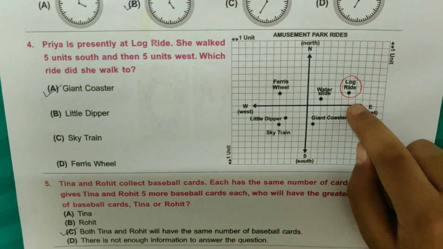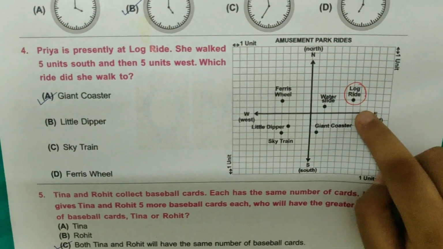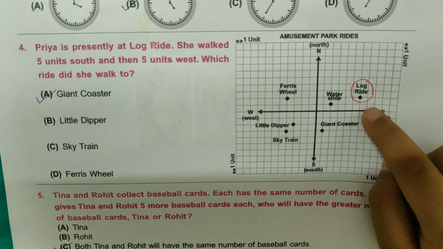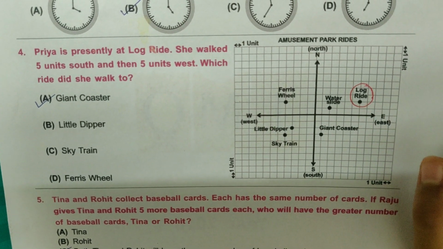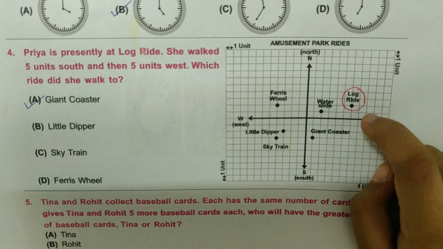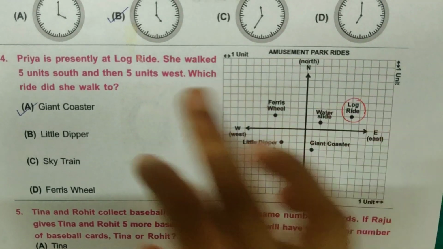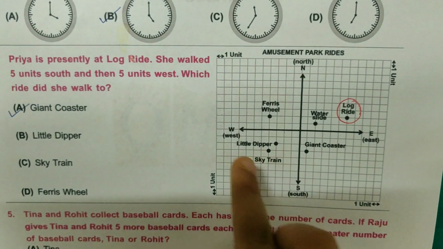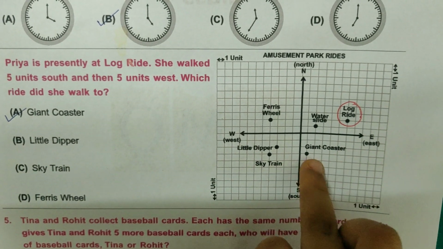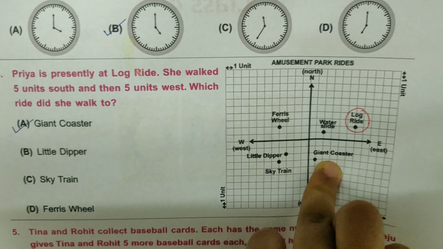So she was at the log ride, right? First it said 5 units to the south. She walked to the south 5 blocks, 1, 2, 3, 4, like that. So you can just count it. Then 5 units to the west. So she walked this side and she reached the giant coaster.